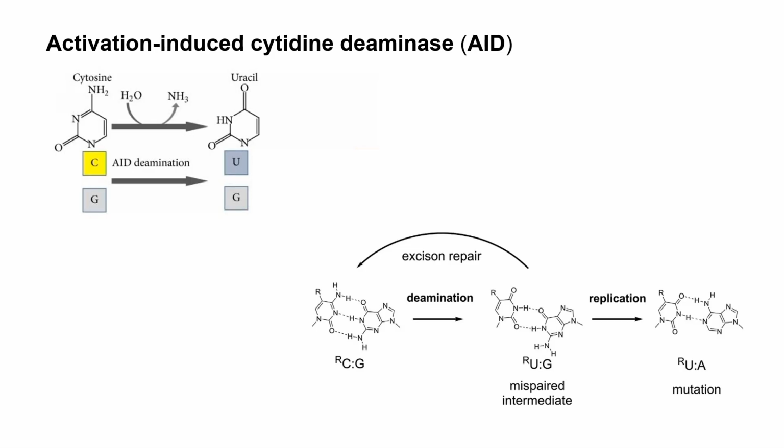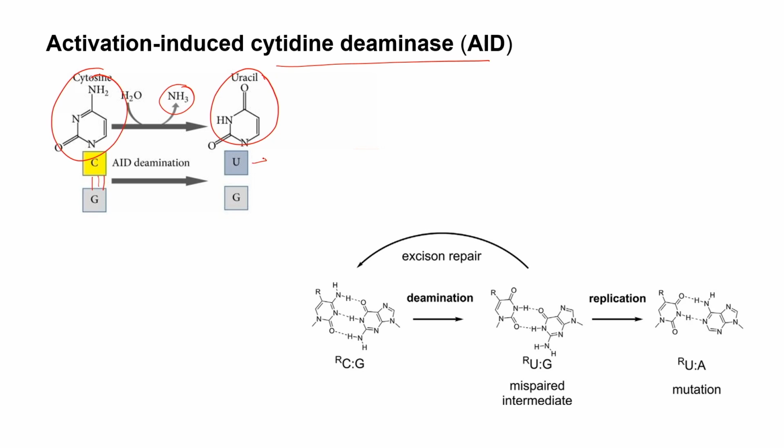So this is what we have discussed, the enzyme cytidine deaminase. Here you have a cytosine residue, and we know that cytosine can bind to guanosine by 3 hydrogen bonds in DNA. If there is deaminase activity, the amine group is removed, and this cytosine is converted into uracil.